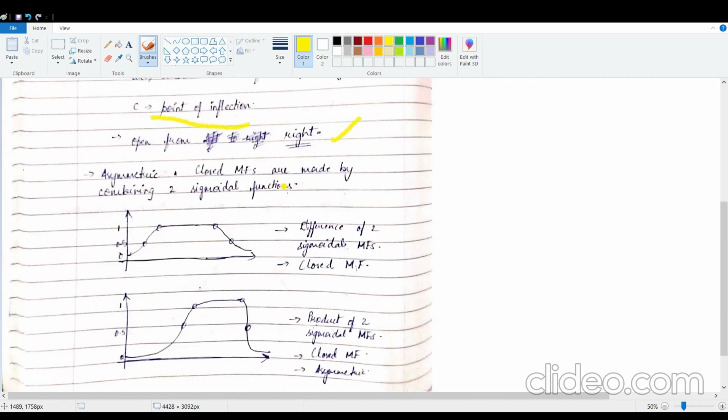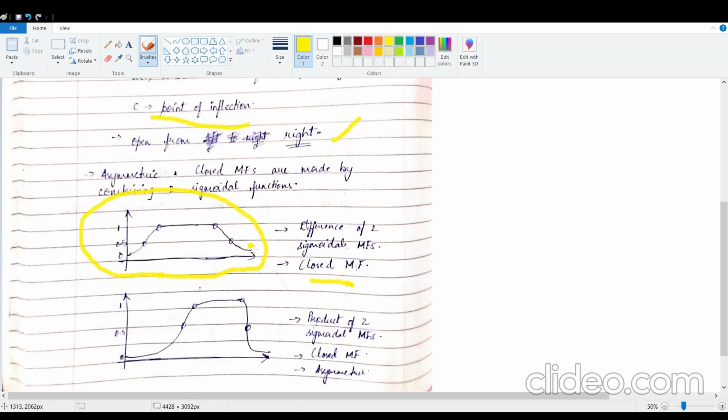Using this sigmoidal membership function, you could create different kinds of membership functions. How do we do them? You club 2 or more sigmoidal membership functions together. The first graph that you're looking at, the one over here, is obtained by subtracting 2 sigmoidal membership functions. As you can clearly see, this graph doesn't have an open end to it, so it is called a closed membership function.